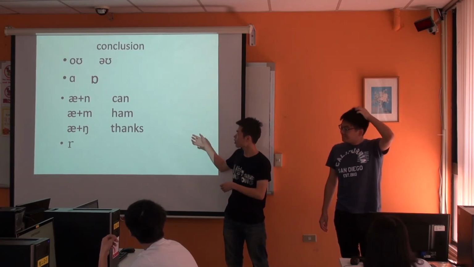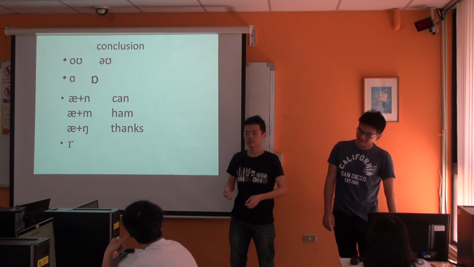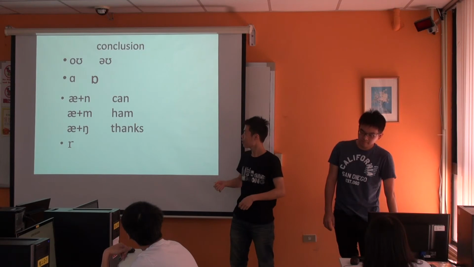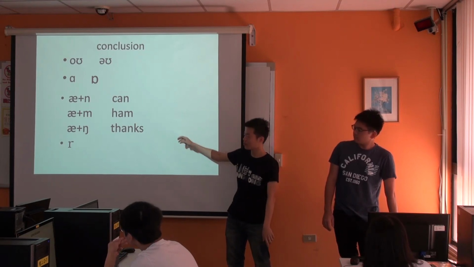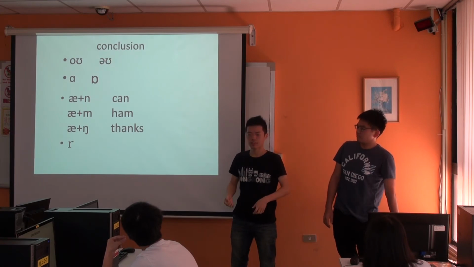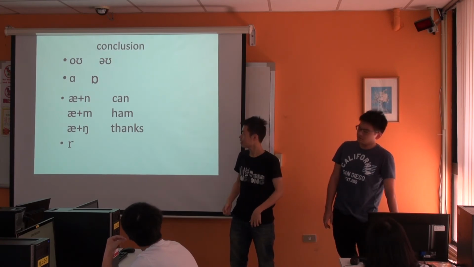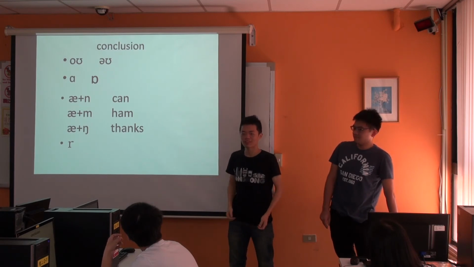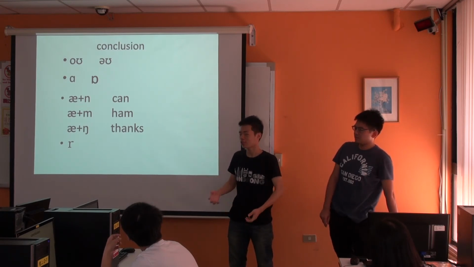And in American is have. Can. In British will be have. And in American will be thanks. Thanks. And in British will be thanks. And after all, the R will be dropped. It will be dropped.